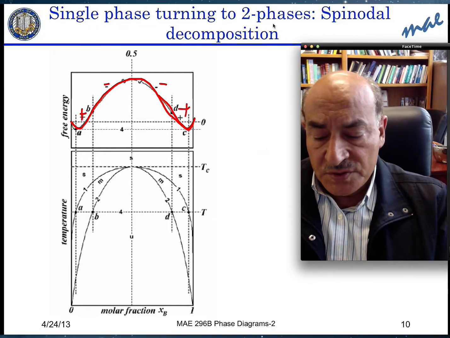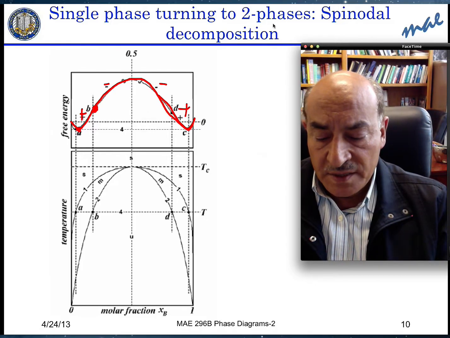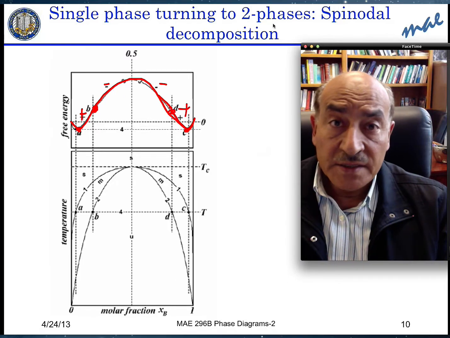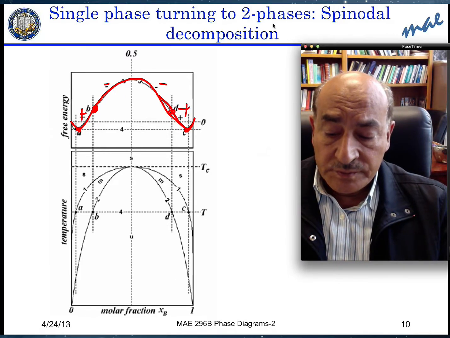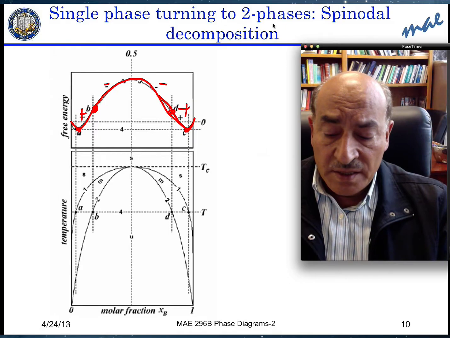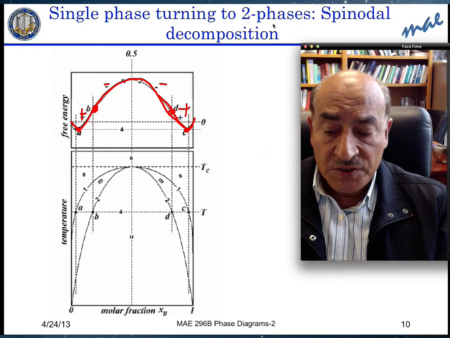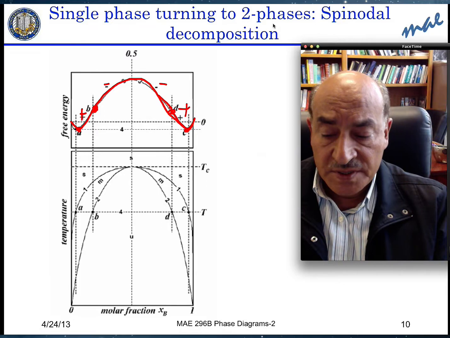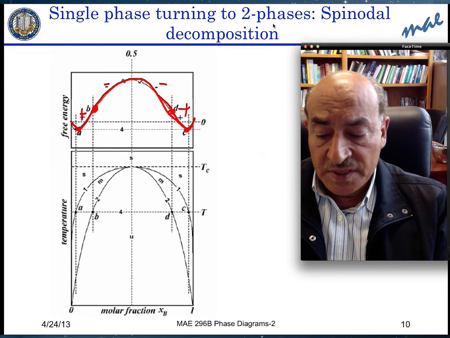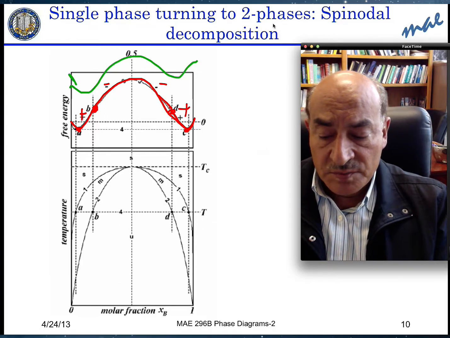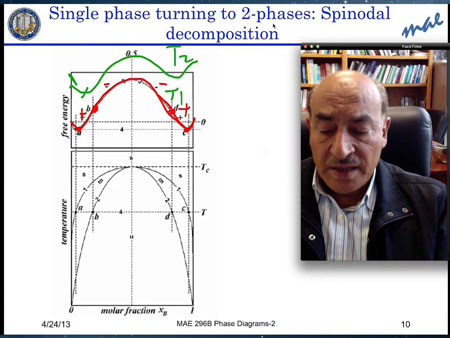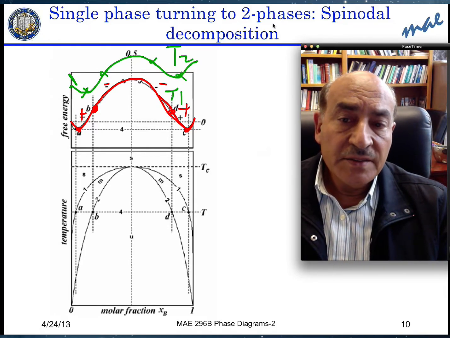I have two significant points on this side, A and B, and on this side C and D. If you vary the temperature, so if you do the same curve at different temperatures, for example another temperature, you would have another curve that looks like this. So this will be at T1 and this will be at T2, and then you again find the inflection points and the minima at any given temperature.